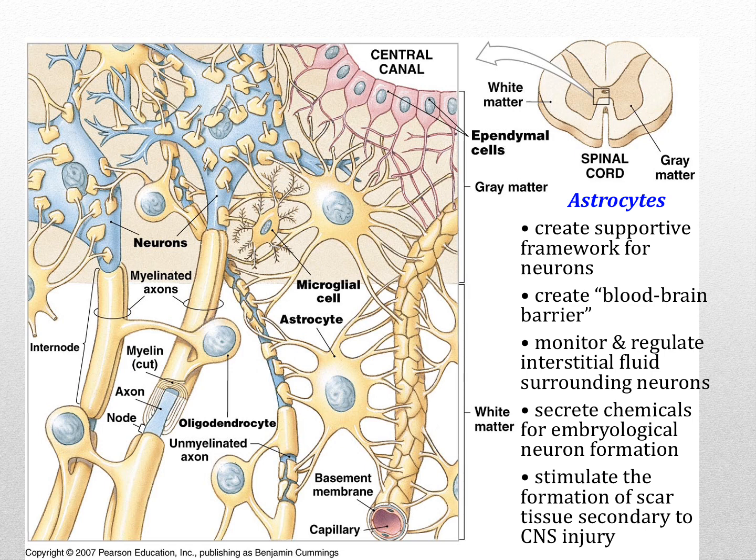They secrete chemicals for embryological neuron formation. And an interesting thing they do is they stimulate the formation of scar tissue secondary to central nervous system injury. So they do quite a bit, astrocytes.